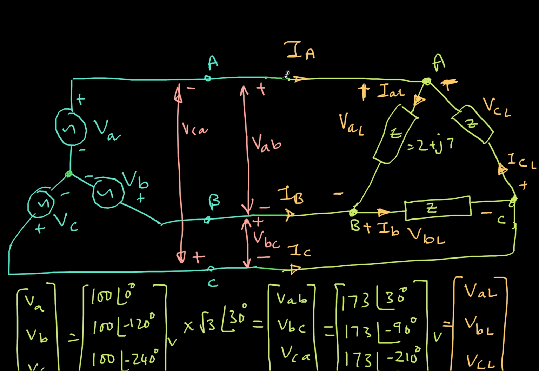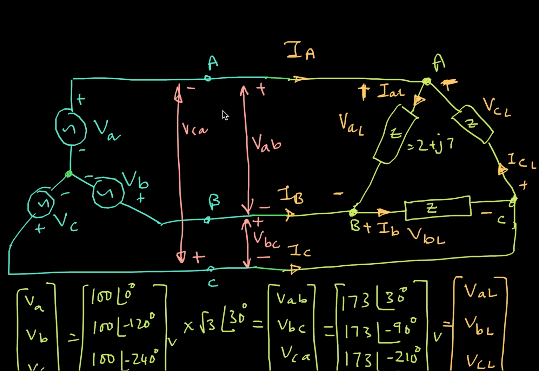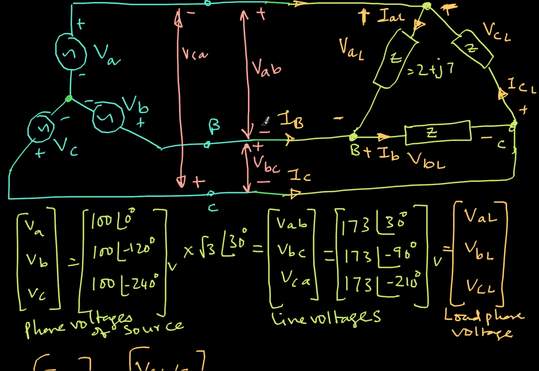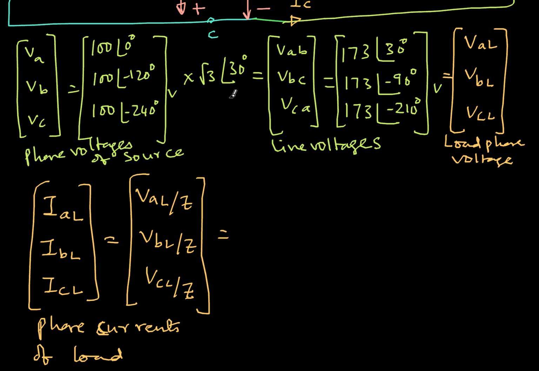So VAB is nothing but, from here I go minus VB plus VA. So that's what it comes to. And similarly VBC, VCA, you can do that. We have already done that. So this is a shortcut way of finding VABC.